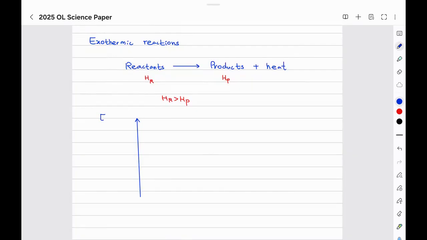Now, in the y-axis, it's representing energy. Then we can go for this kind of a level, which is representing the reactants, because reactants are having greater energy than products, right? Then reactants here, products. So we are moving from reactants to products. Then arrowhead is towards the downward direction for this one. In this way, right? So it is releasing heat.